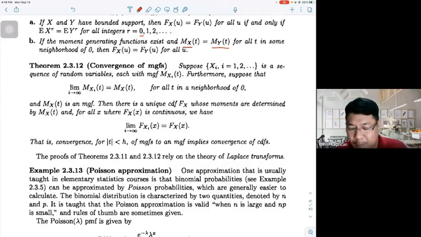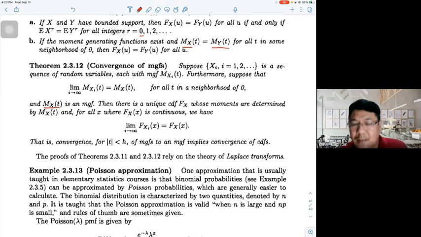And furthermore, suppose that the limit of the moment generating function, big M of X sub i evaluated at t, as i approaches infinity, will be equal to this moment generating function of X evaluated at t. That is an MGF for all t in the neighborhood of 0.